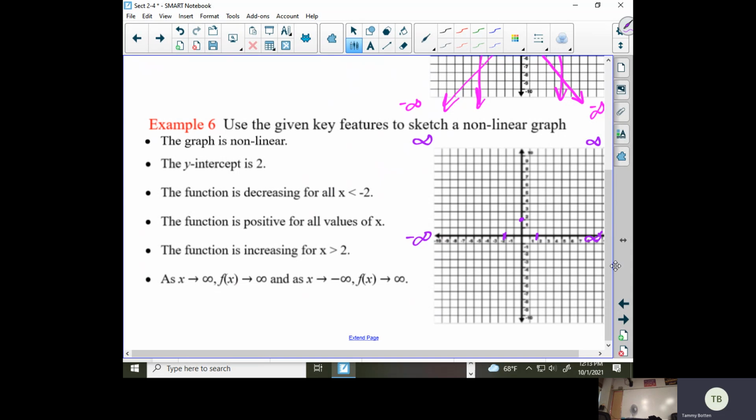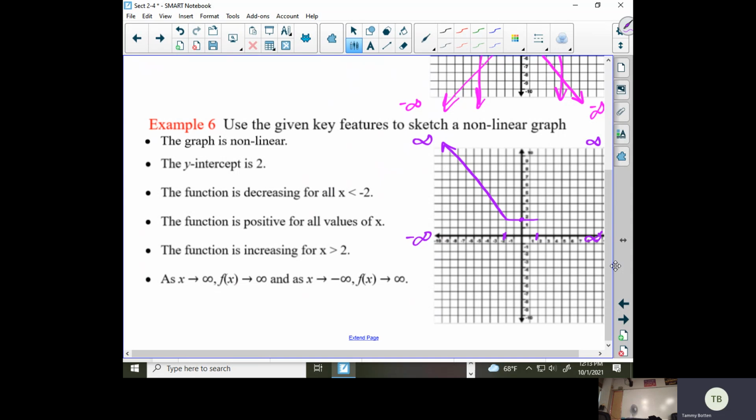So this is what I would say. We're going to flatten out from here to here. From -2 to 2, we're going to say that's just a flat line. And one of the things they said is that our graph is decreasing for all x less than -2. So decreasing means it's going down.